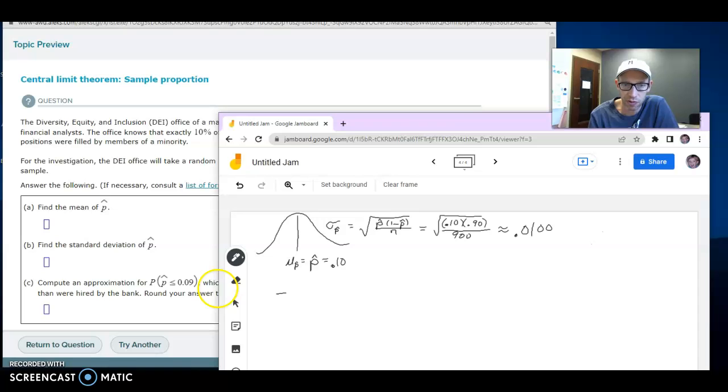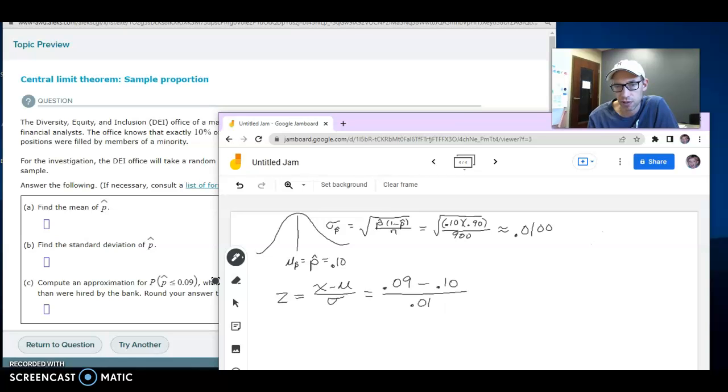Remember, the formula for z-score is right here, x minus the mean over standard deviation. What do we have for our x? Well, our x is this cutoff right here, this 0.09. The mean we already found was 0.10. And our standard deviation we also found right here, 0.01.